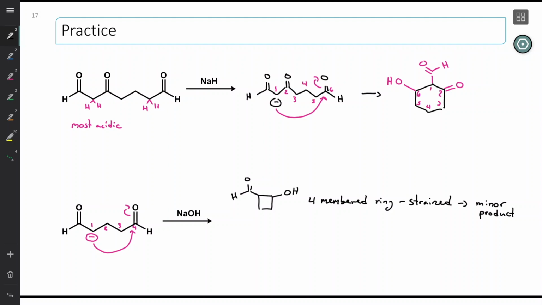In this case, what's more likely to happen is that this molecule simply finds another molecule in the pot and attacks over here.